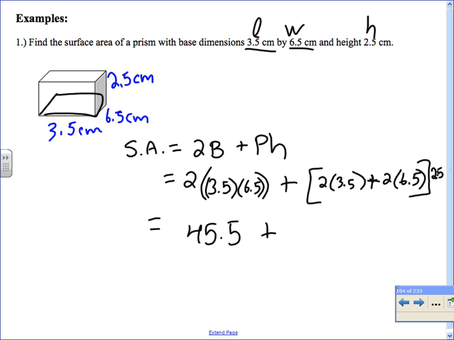So again, I would multiply, multiply, add, and then multiply all that by 2.5. Good, 50. Add them together. Donatus, what is the surface area? What are the units? Good.